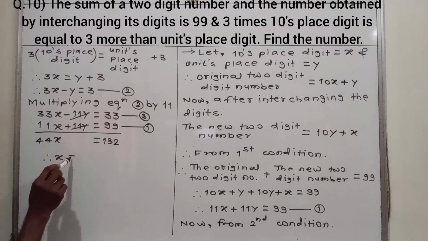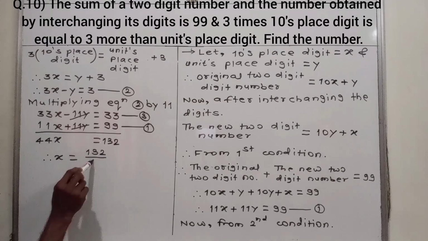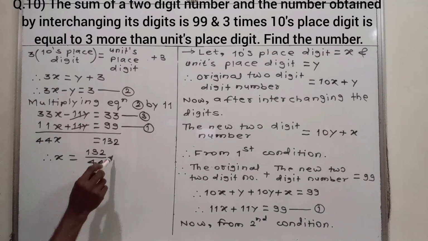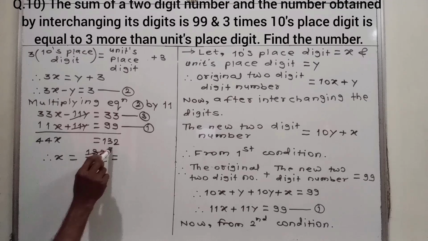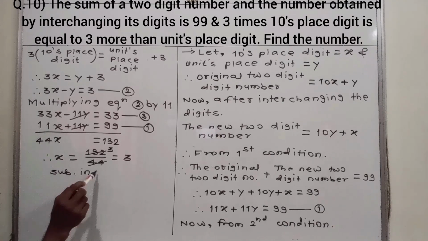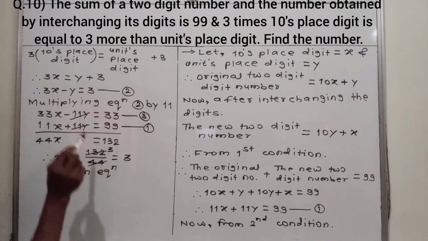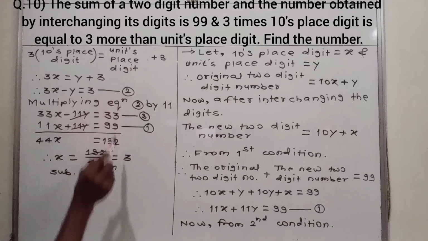Therefore x is equal to 132 upon 44 is equal to 3. x is equal to 3. Did you get it? Now we substitute in this equation 2.